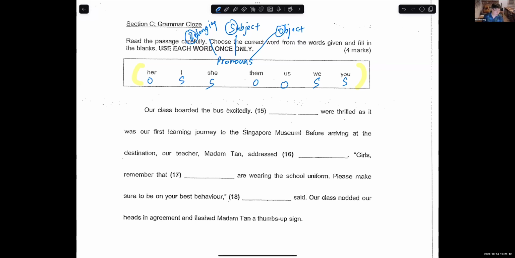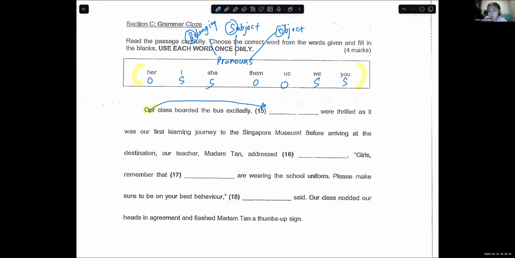So our class boarded the bus excitedly. Can you see over here? Our class boarded the bus excitedly. What should be the subject pronoun here that starts the sentence? Who were thrilled? Okay, Claire?